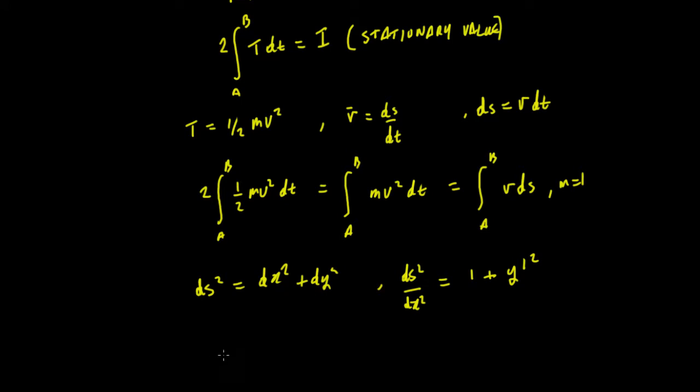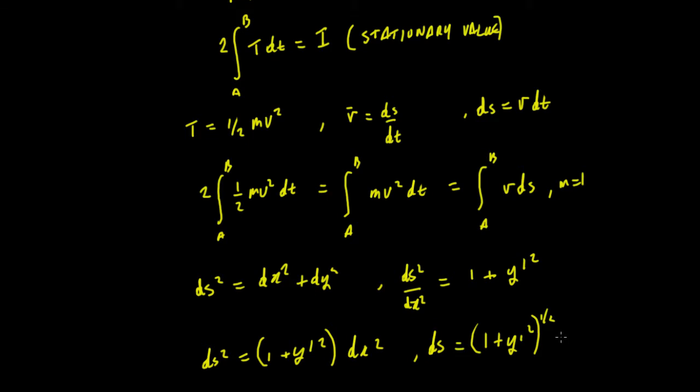And so then we can say that if we take the dx up, our ds squared is going to be 1 plus our y derivative squared, all times our dx squared. So then we can say that our ds is going to equal 1 plus y derivative squared, to the power of a half, times the root of dx squared, which is just going to be our dx. Okay, so that's one part that we're looking for, our ds.